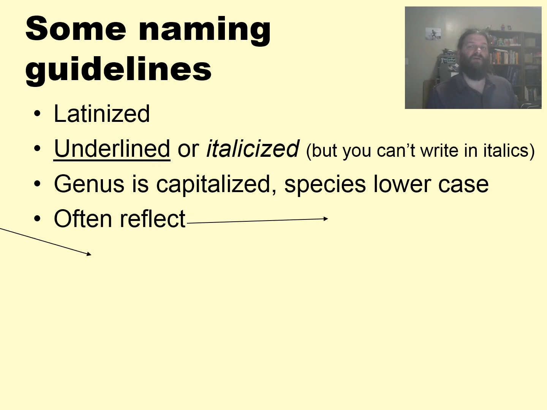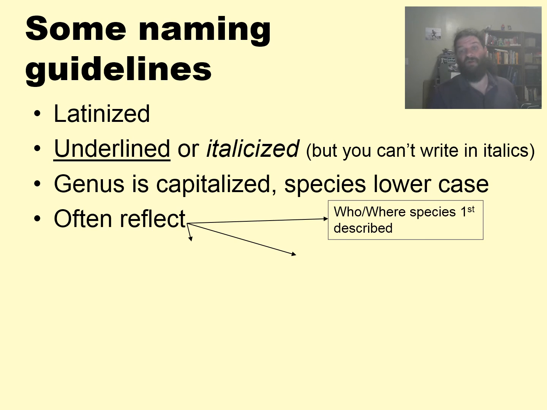The names themselves tell us a little bit. They're either going to describe where the organism was first found, like Neanderthalensis, or who first named it. One of my favorite fish is the Haplochromis axelrodi, described first by Dr. Axelrod.